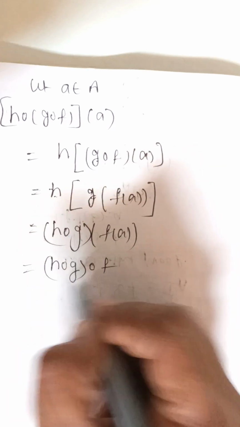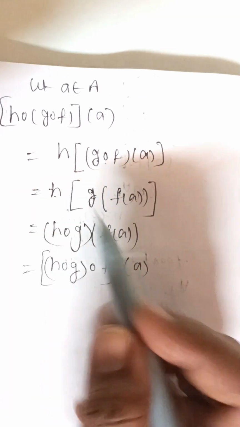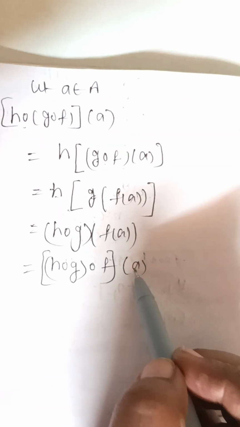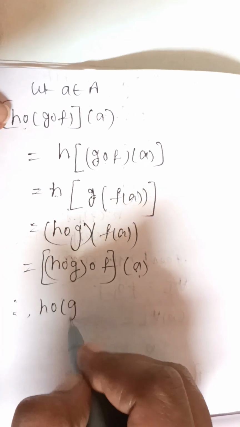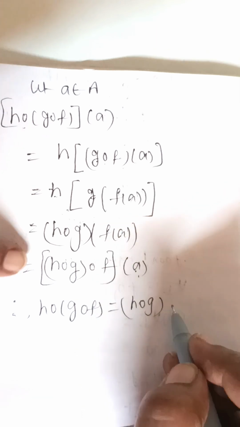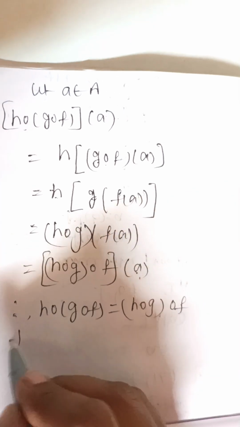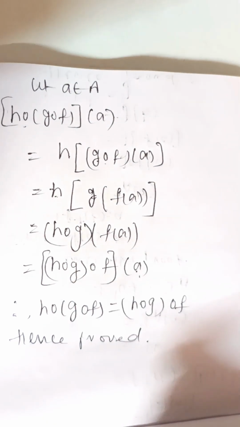Then (h circle g) circle f of a. Okay, then these two functions contain the same element. Therefore, h circle (g circle f) equal to (h circle g) circle f. Hence proved.